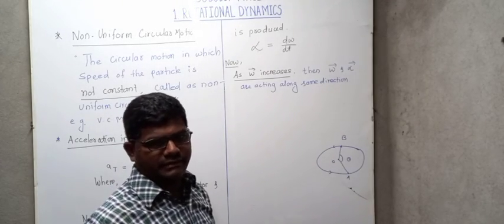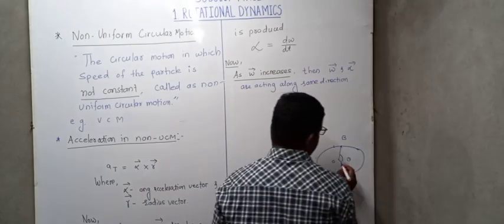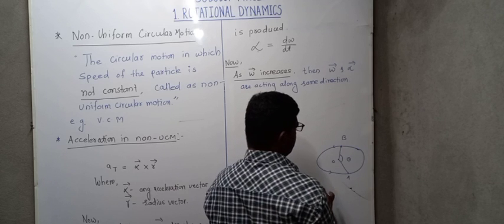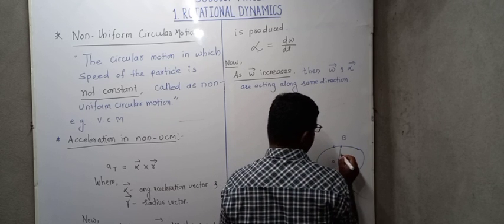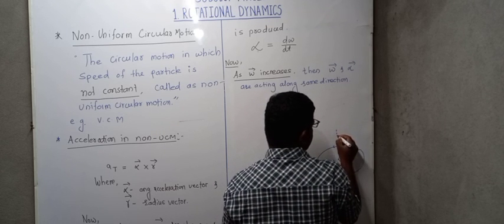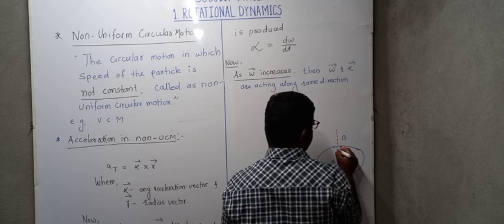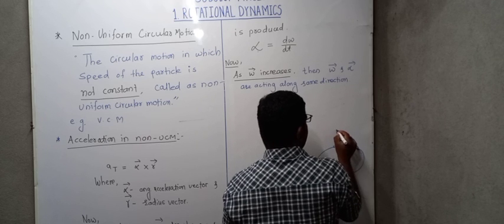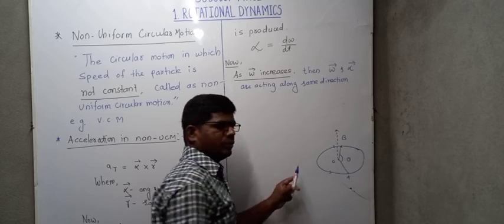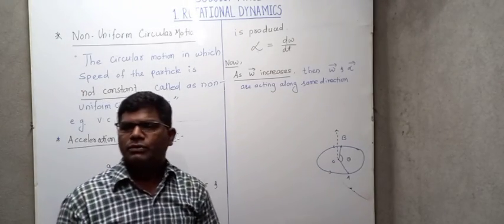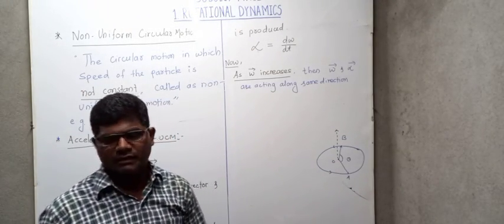In this case, the direction of angular velocity omega bar is vertically upward on the board according to the right hand thumb rule.